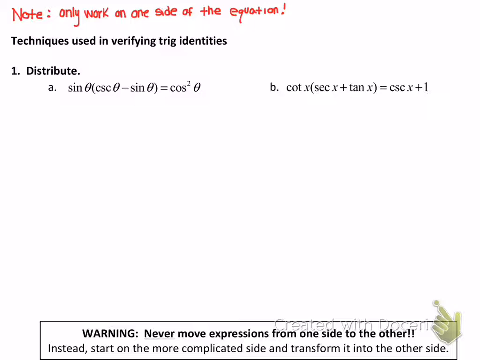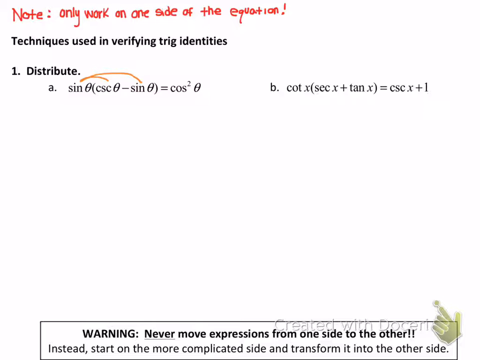So the first thing that we are going to talk about when verifying trig identities is that you can distribute. So I'm going to distribute the sine function. My left side is the more complicated looking side, so that's why I'm choosing to begin on the left side.